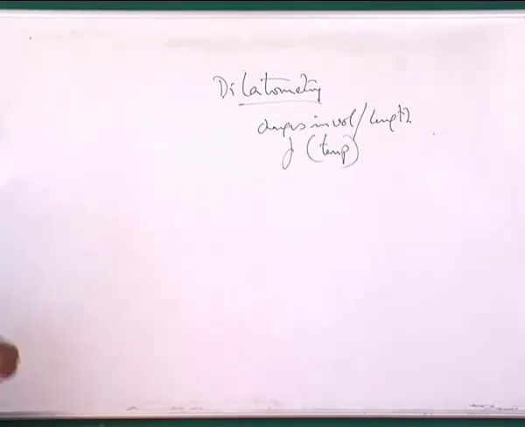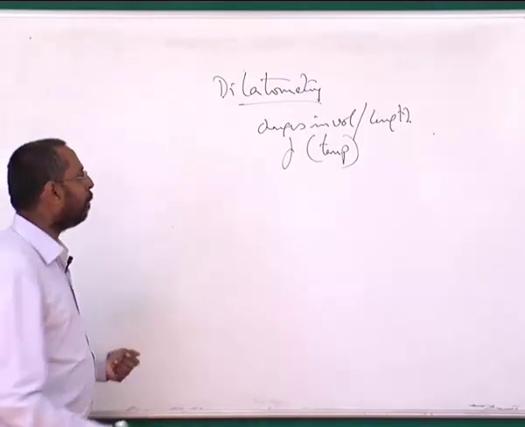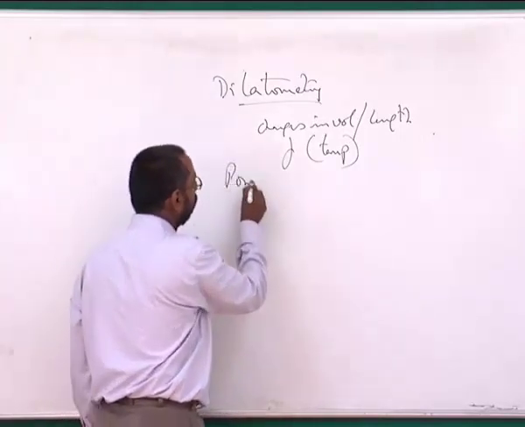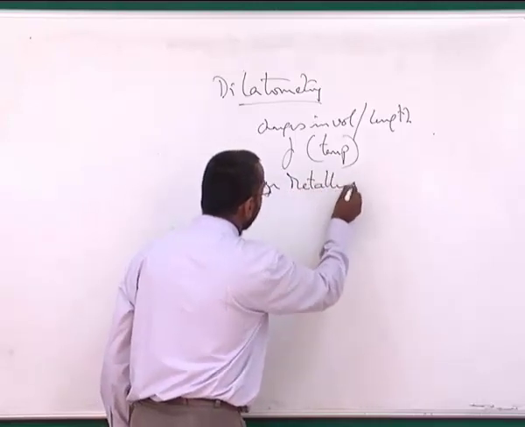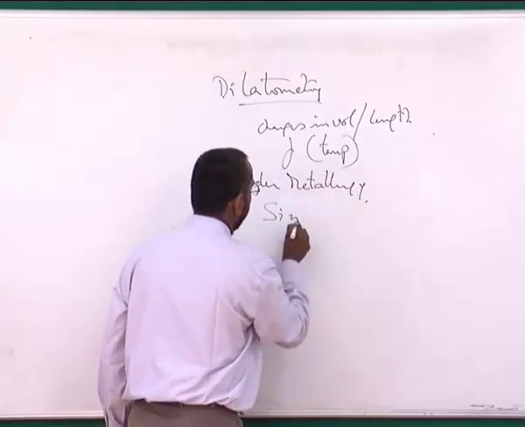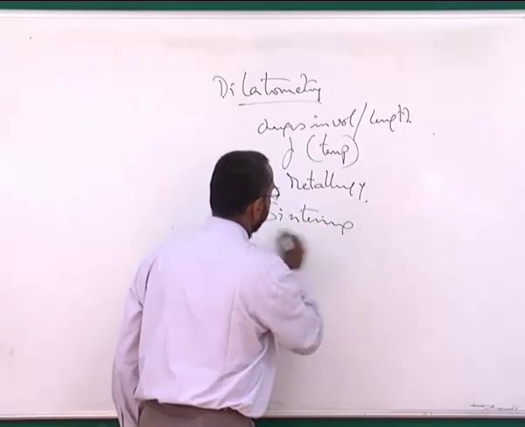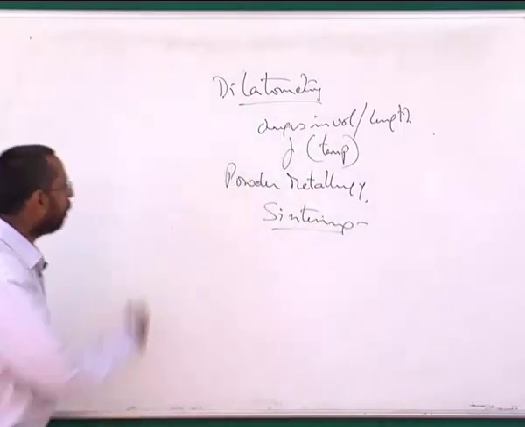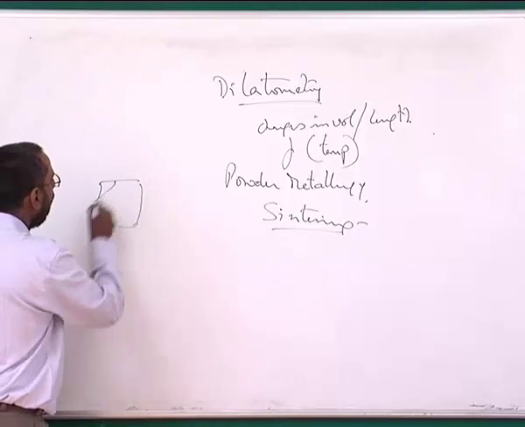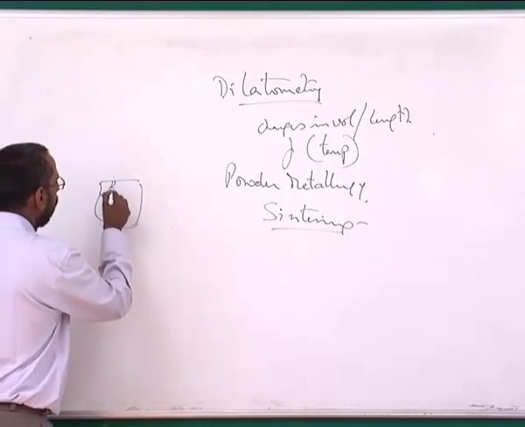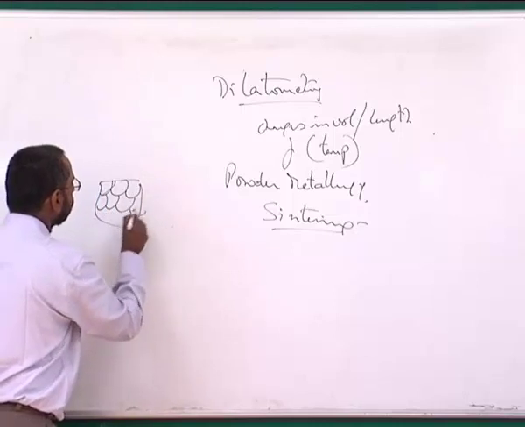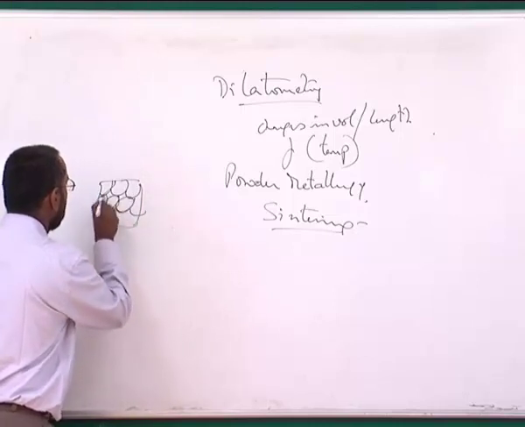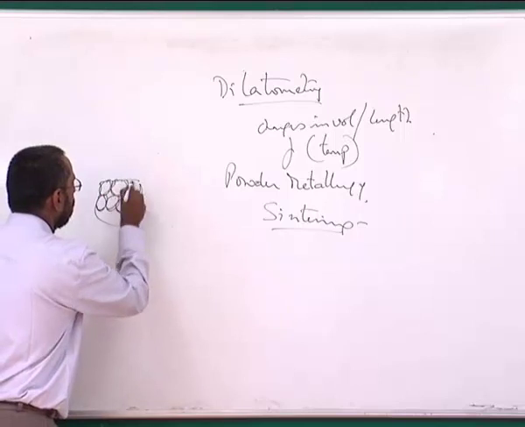We can also use it particularly for powder metallurgy. People regularly use this for finding out the sintering behavior. For example, if I take powder and do some kind of green compaction, these are all powder particles.